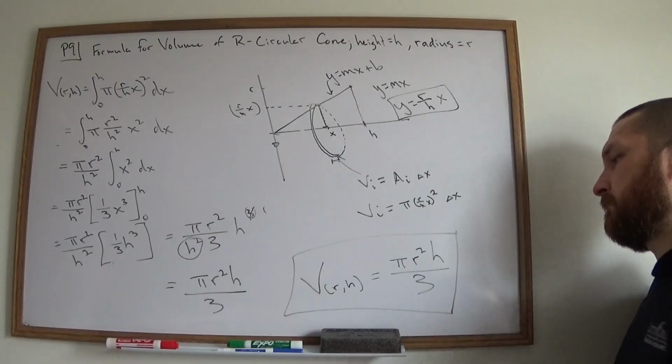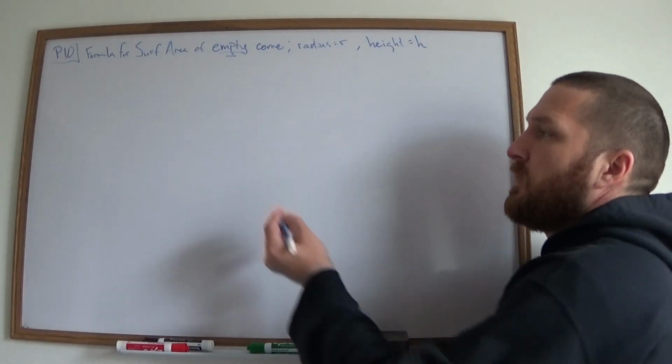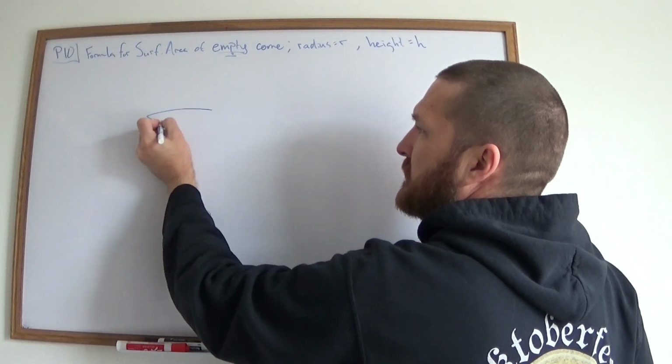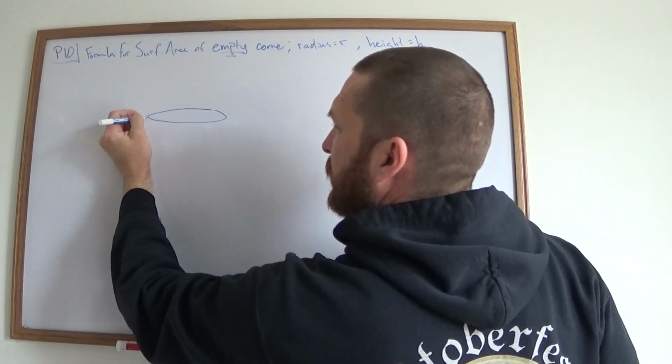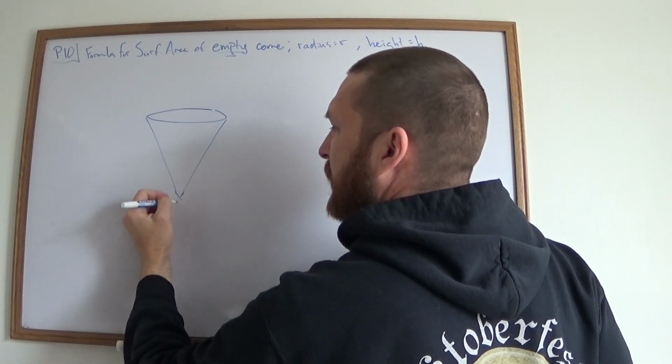Problem 10. Derive a formula for the surface area of an empty right circular cone of radius r and height h. Empty here means that you may ignore the circular lid or base. Okay, so what I said in the review, I hope it's clear by what I said here.